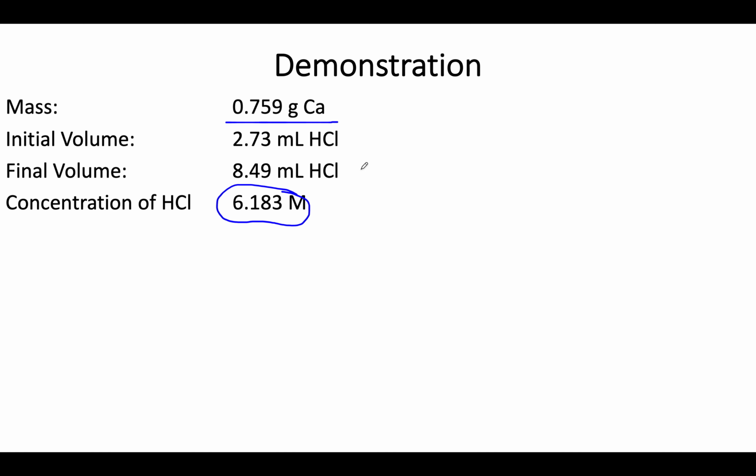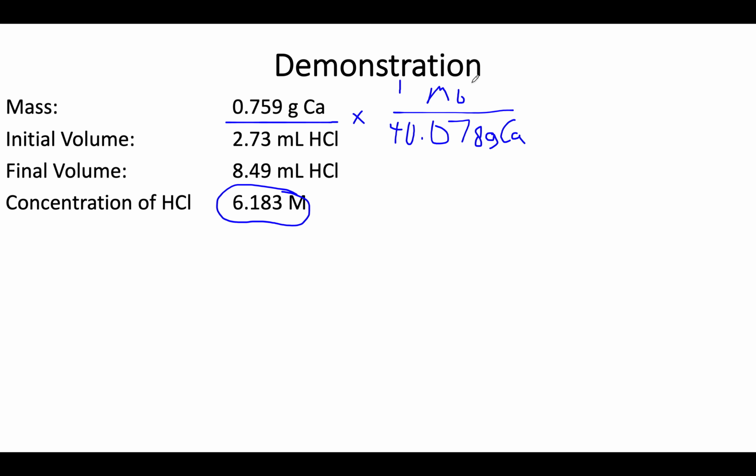Okay, so the first thing we want to do is, if we've got grams, then right away let's go to our moles of calcium. So we get our molar mass, and we can get our moles of calcium, which is half of this ratio that we need.